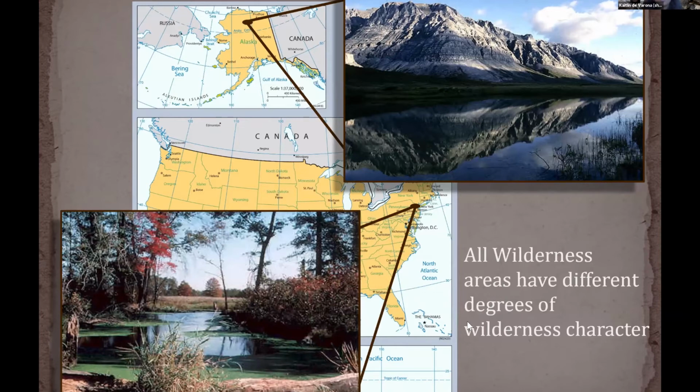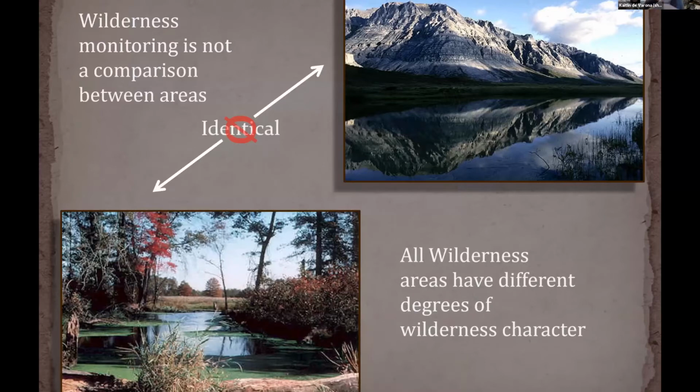So you wouldn't want to compare one wilderness that might be right next to a city, see a lot of visitors, maybe it's very small, to a wilderness out in Alaska, the Gates of the Arctic, a huge expansive wilderness that doesn't get a lot of people. We're not comparing those two, but really just making sure, as in the other slide, that those wildernesses are not degrading further from themselves. So all wildernesses have different degrees of wilderness character.